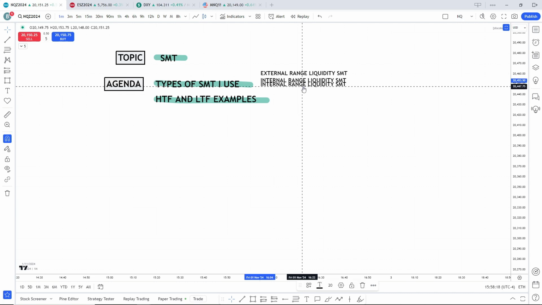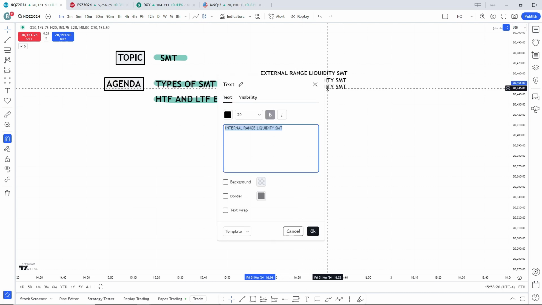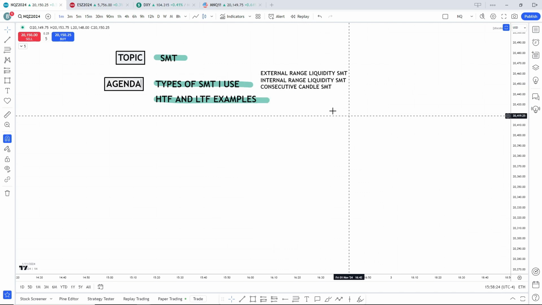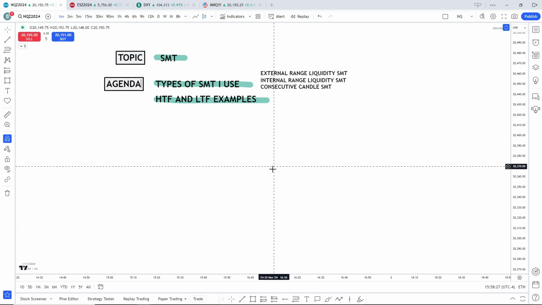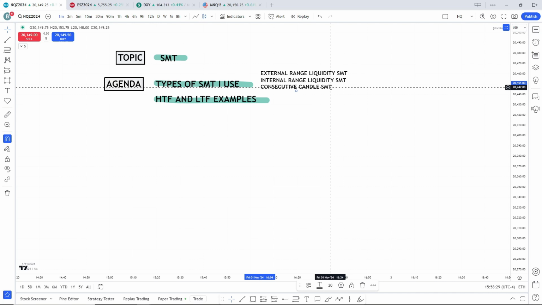Now the third type is going to be what I call consecutive candle SMT, okay? Consecutive candle SMT, and I use it on a minimum 15-minute basis, okay?